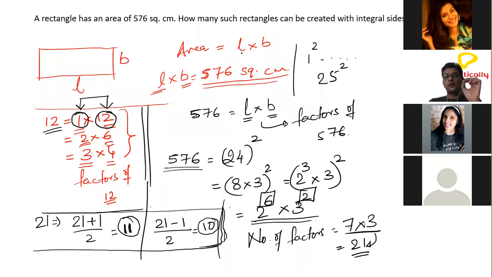Is a rectangle also a square? Absolutely no. A rectangle is not a square. What we know is a square is also a rectangle. Please understand the difference between the two. When you define a square, you always define a square as a four-sided figure with all four sides equal.